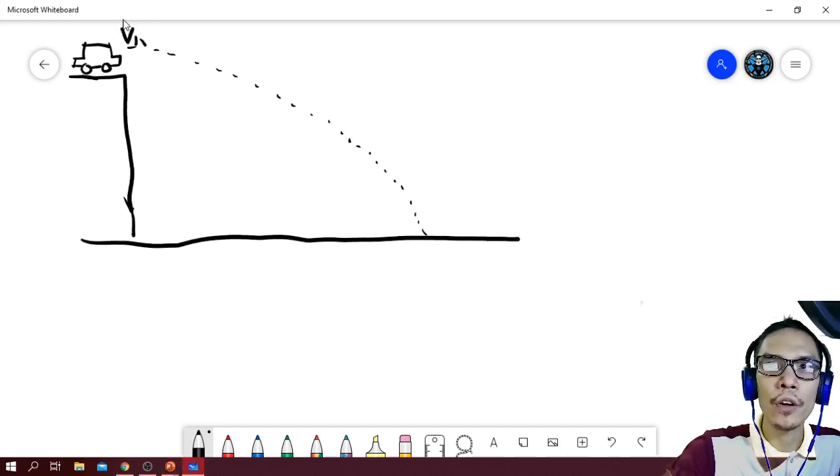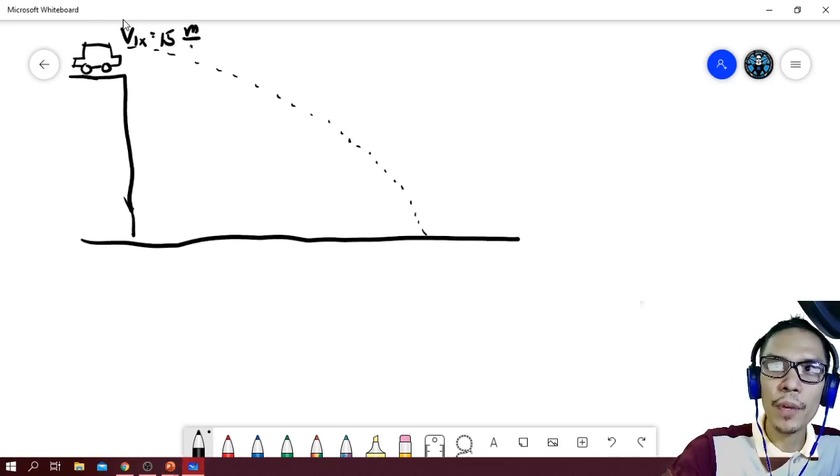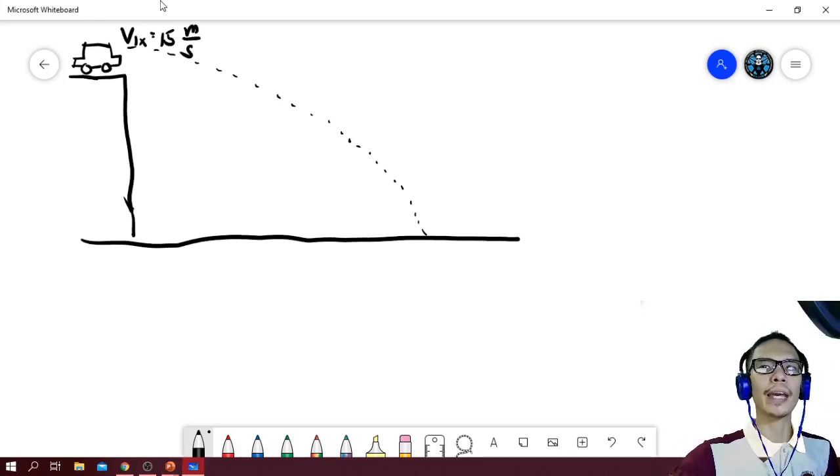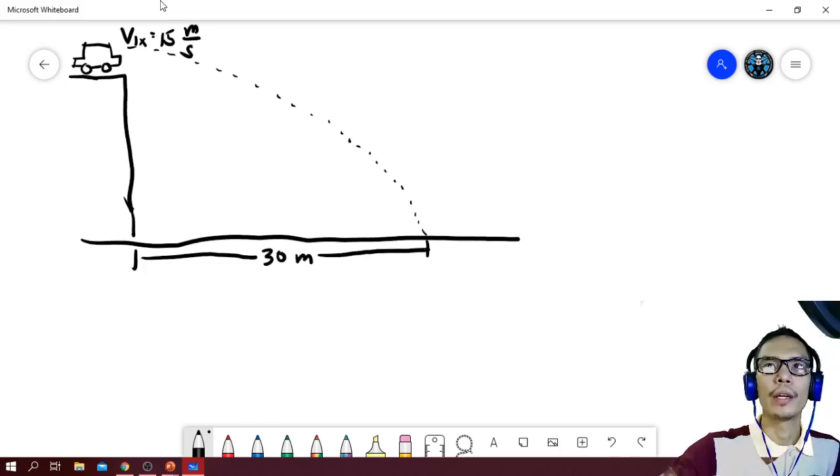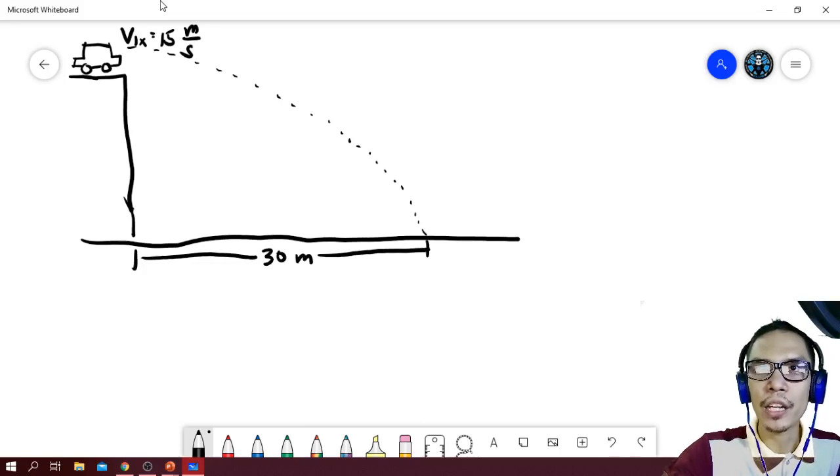Since the motion is horizontal only, our horizontal initial velocity is 15 meters per second, and it lands at the base of the cliff 30 meters away.